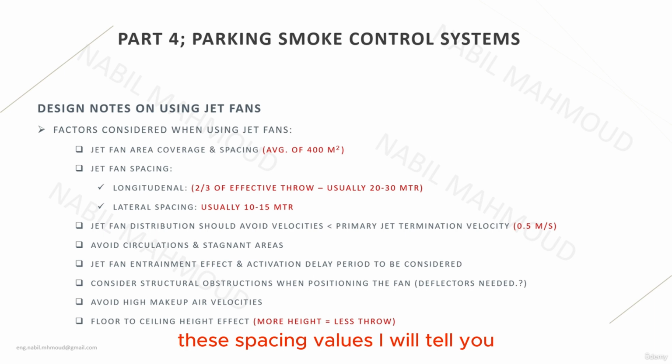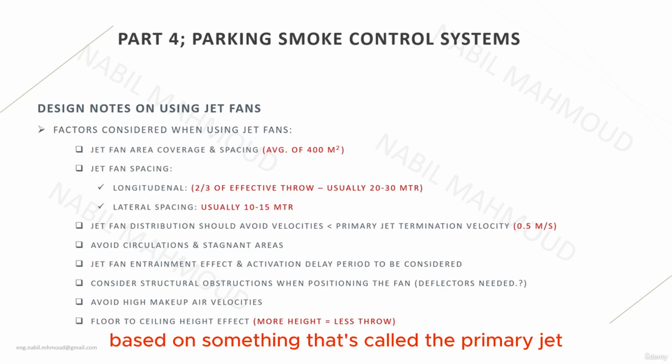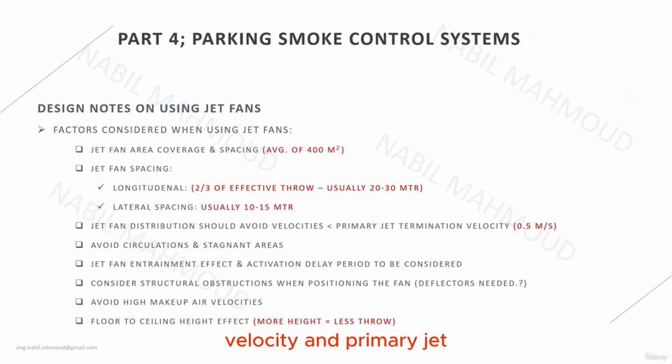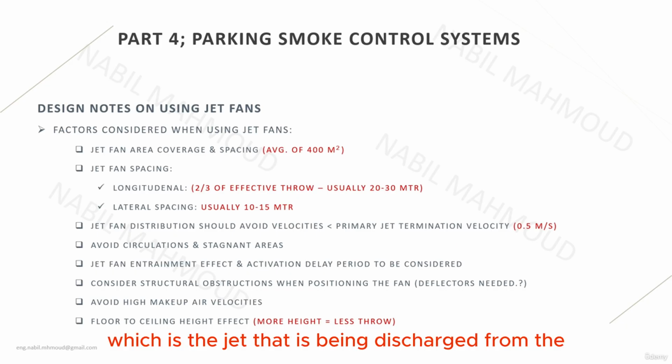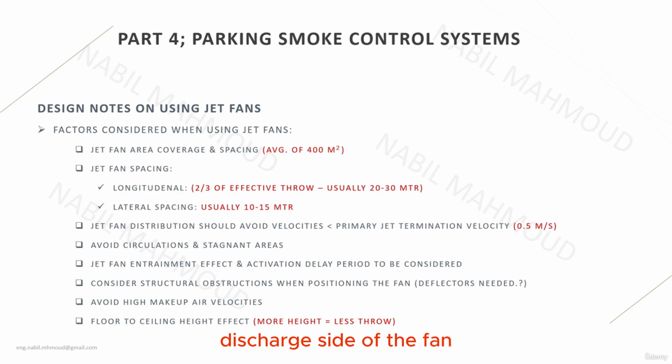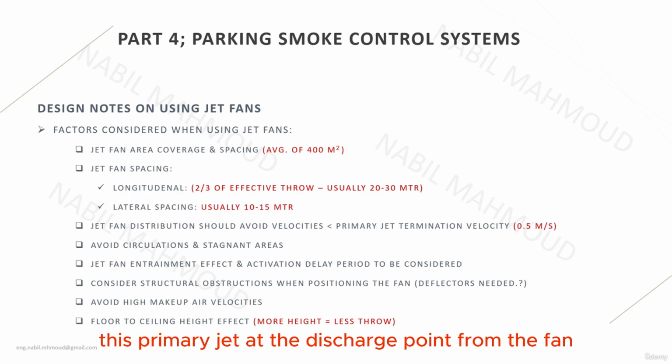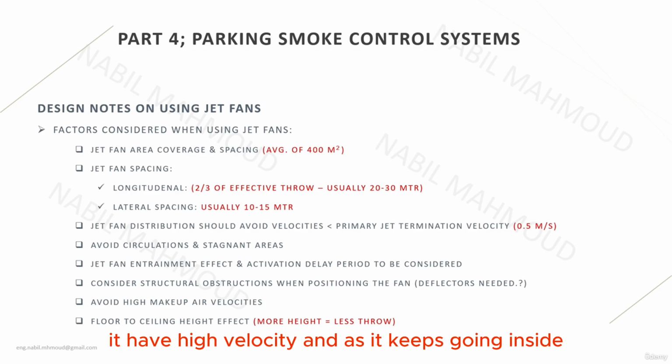I will tell you. Usually the jet fan is used based on something called the primary jet velocity. The primary jet is the jet that is discharged from the discharge side of the fan. This primary jet at the discharge point from the fan has high velocity.